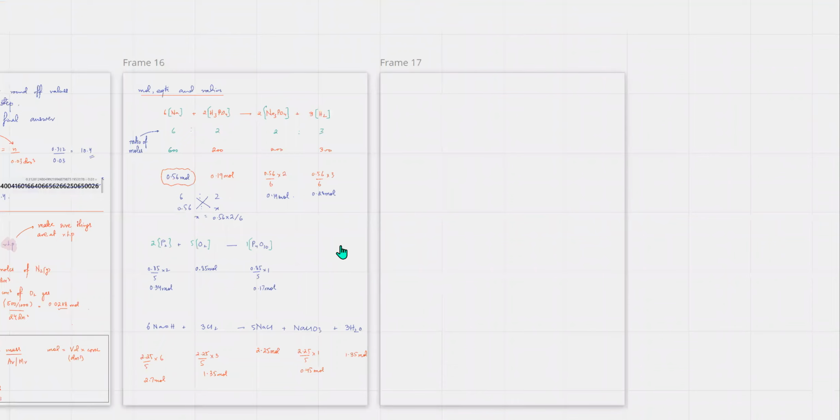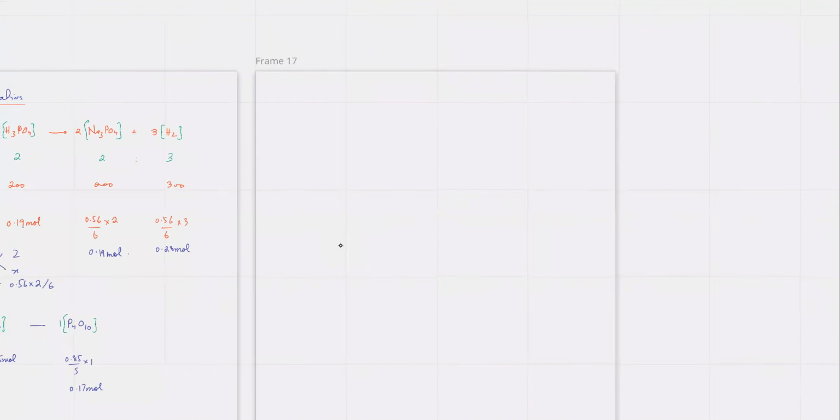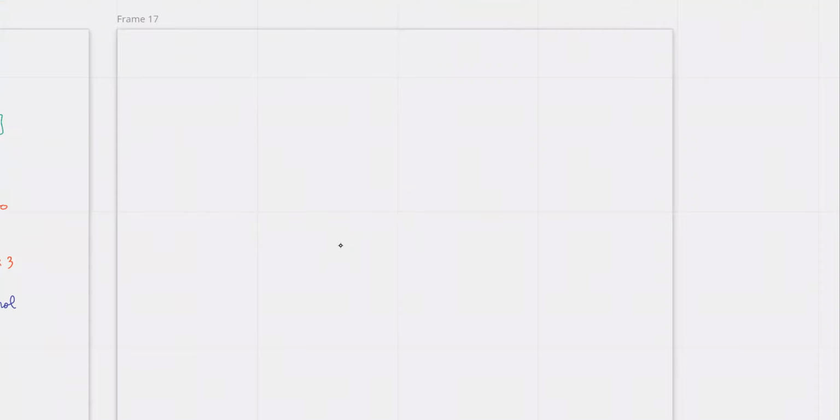For example, they've given us that there's 25 grams of calcium carbonate that's reacting with 400 cm3 of phosphoric acid, which is a solution.